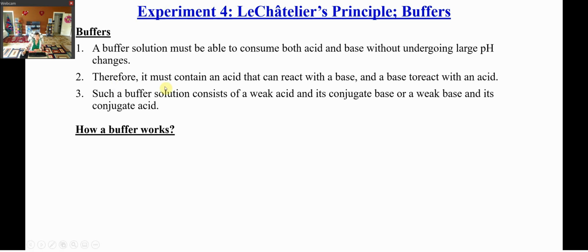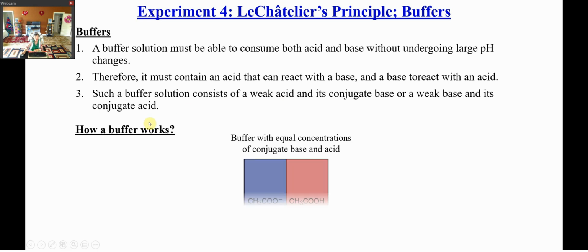Therefore, a buffer solution must contain an acid and its conjugate base. The acid reacts with external base. The conjugate base will react with external acid. A buffer solution usually consists of a weak acid and its conjugate base, or a weak base and its conjugate acid.